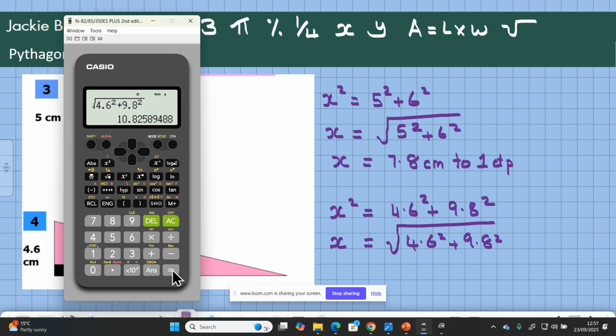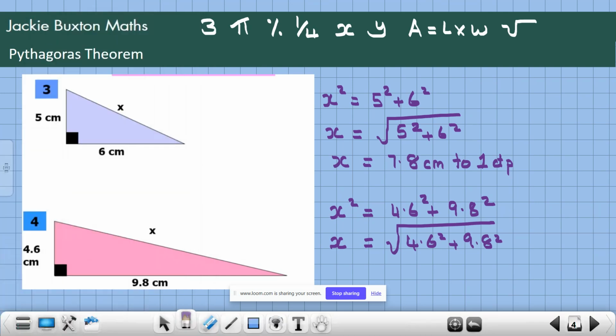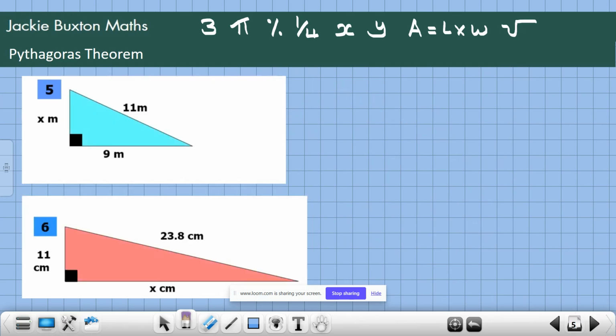We're going to do it to one decimal place, so that's 10.8 centimetres. X equals 10.8 centimetres. Great, we've got two more to do, and these two are slightly more difficult, but never fear, there's always a way.